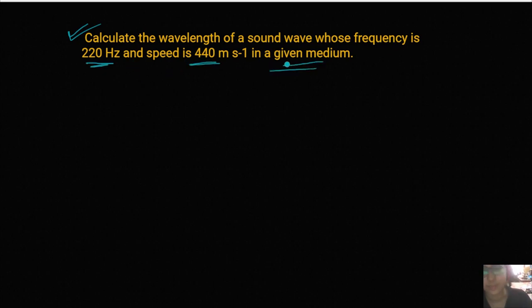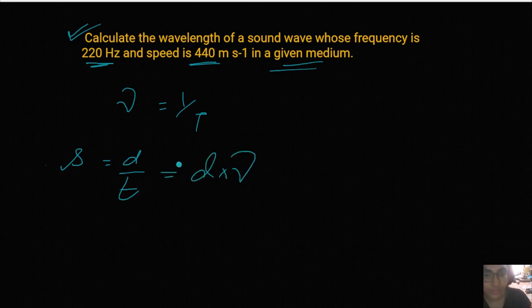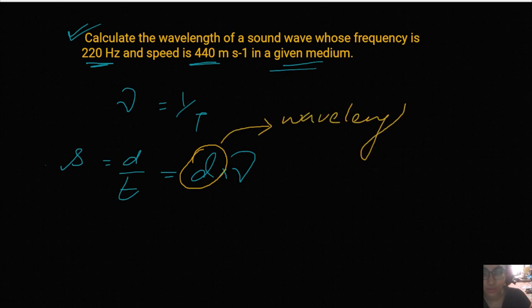Okay, so as we know that frequency is 1 by time period, right? And you know that the equation of speed is distance by time, and we can also write it as distance into frequency, right? So now when we are talking about sound, this distance is basically nothing but wavelength, because wavelength is the distance moved by the sound in one oscillation or to complete one oscillation.